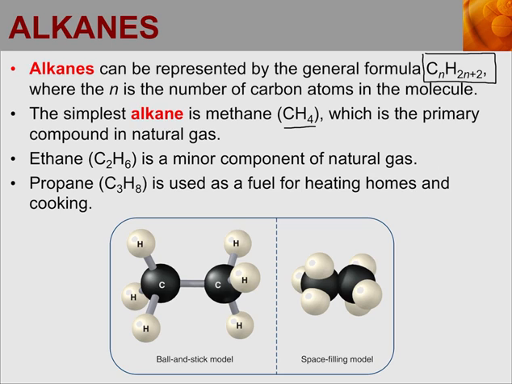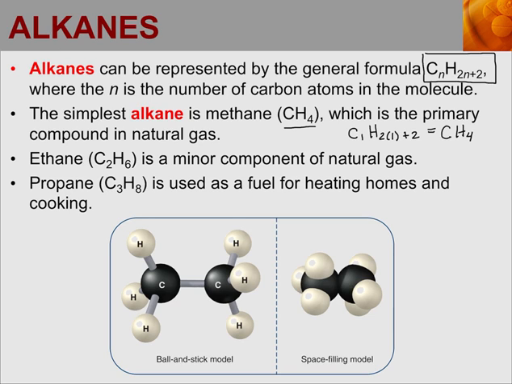Now, if we use our formula up above, again, we only have one carbon in methane. So to count the hydrogens, we're going to plug 1 in for n. So this would be 2 times 1 plus 2. So that would give us CH4. 2 plus 2 is 4.